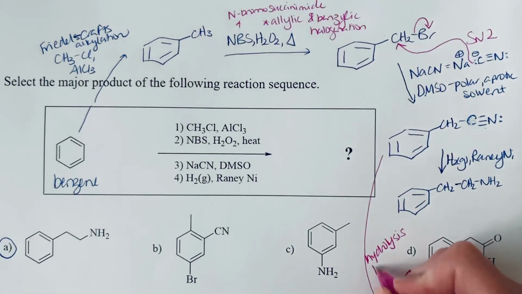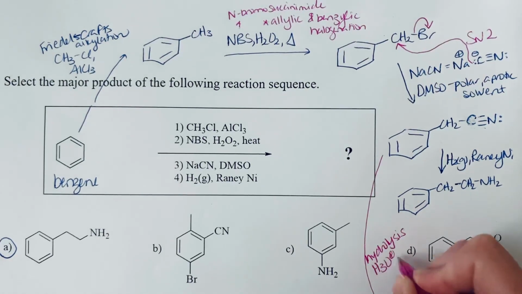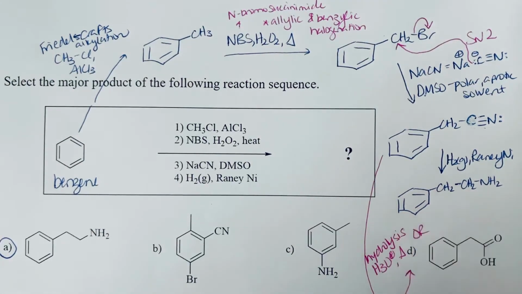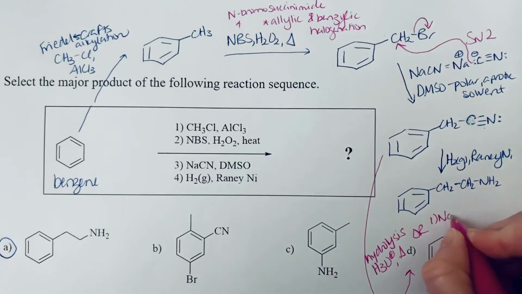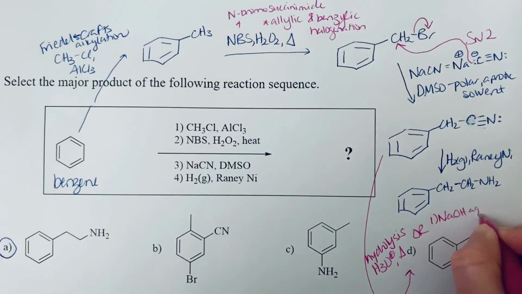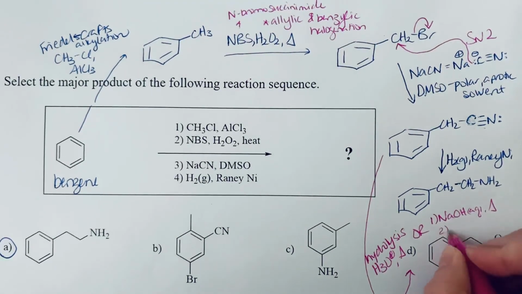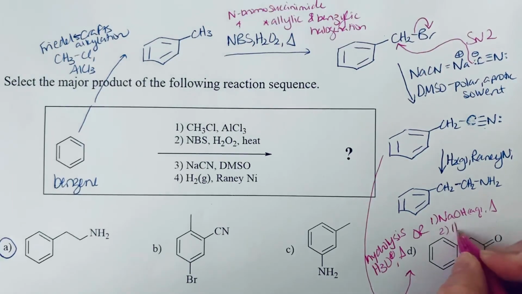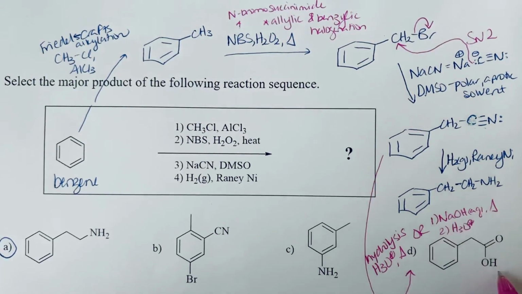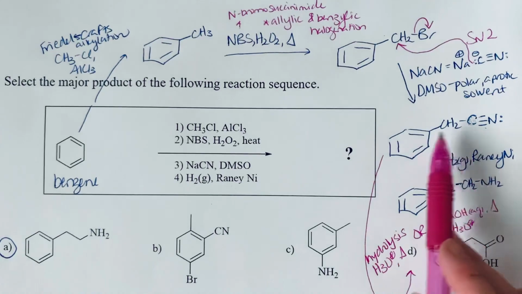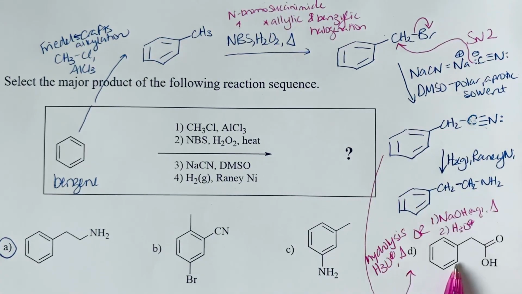So you could do that hydrolysis as either H3O plus and heat, or if you wanted to heat it up in aqueous base, you could also do that, followed up with treatment with a little bit of H3O plus just to put that proton back on. So that's how we could also access D.